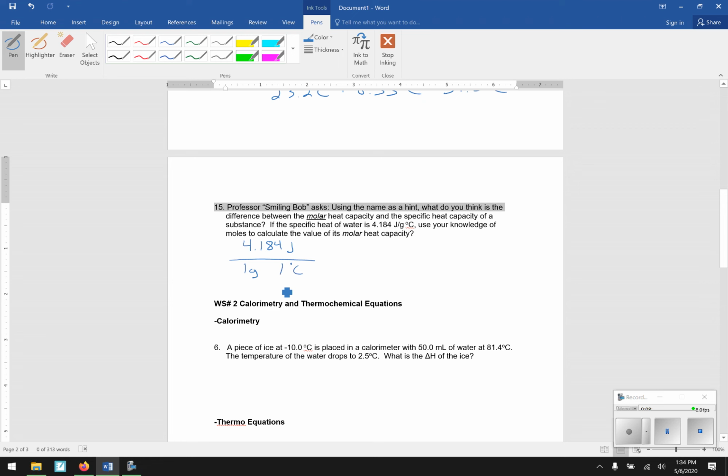Well, to figure out how much you need to do the same thing, you just do x over 18.01 grams times 1 degree Celsius. The reason I use 18.01, that's the molar mass of water. And so you solve this by multiplying both sides by 18.01.